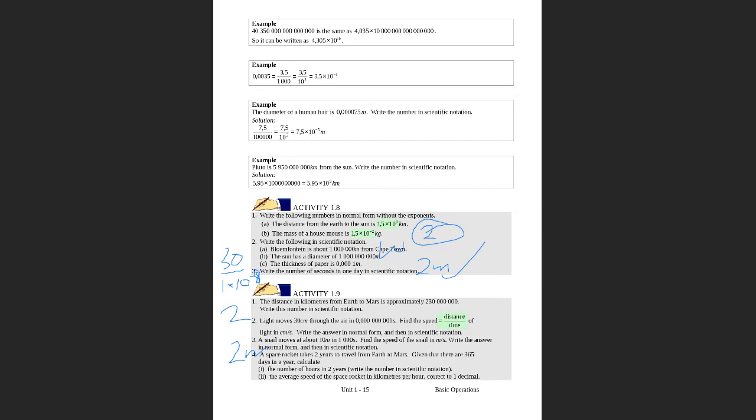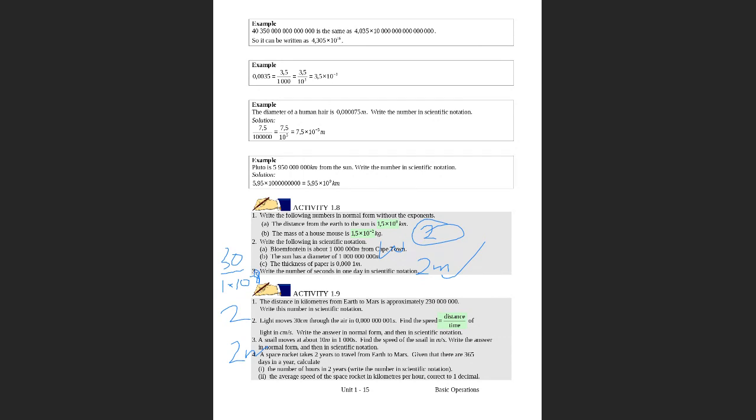Now, the next one says that a snail moves about 10 meters in 1,000 seconds. Find the speed of the snail in meters per second. Okay, we have done this already. It's very simple. You can find it in normal form and in scientific notation.